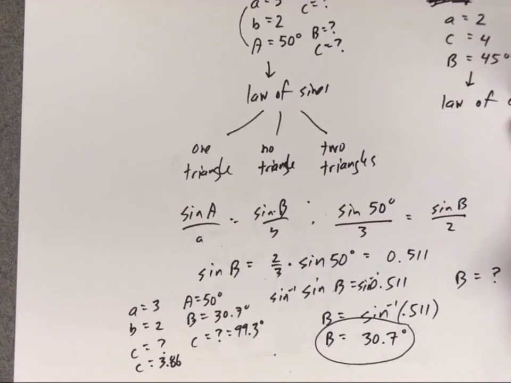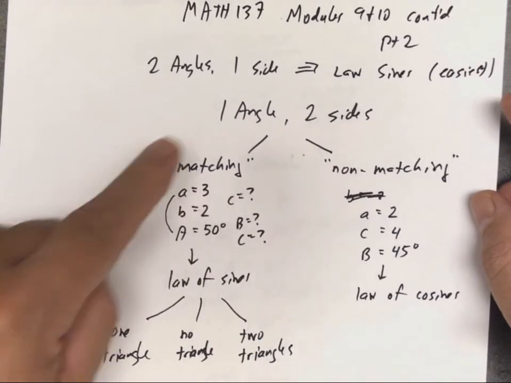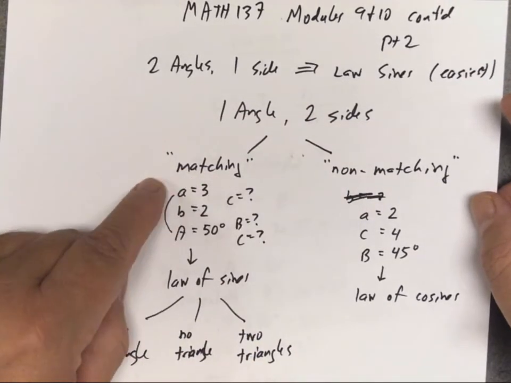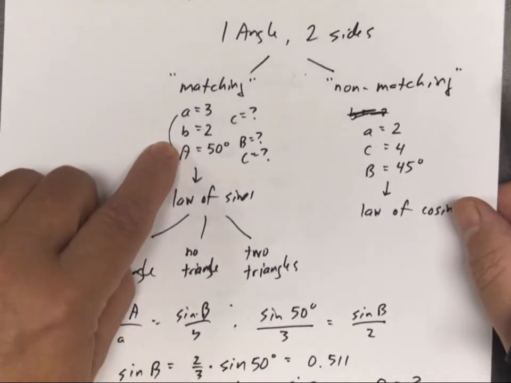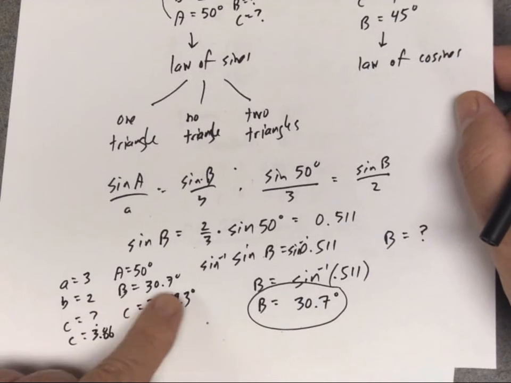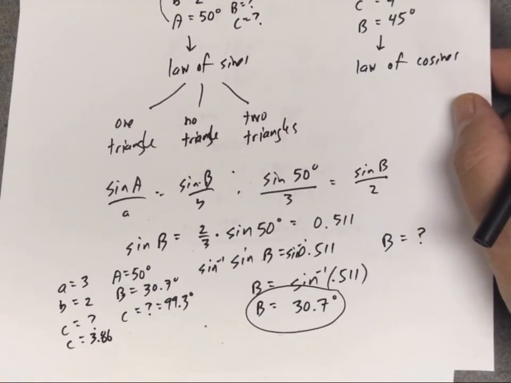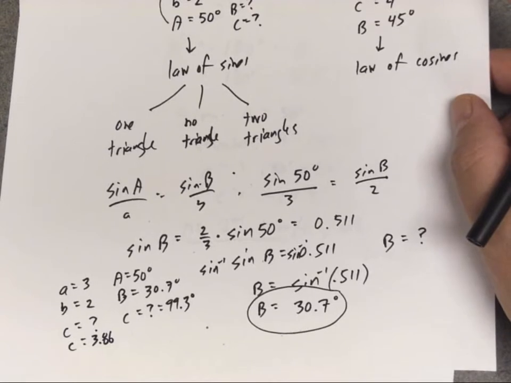So let's review that. One angle, two sides, matching. I got a side A and angle A. Law of sines gave me a triangle, but I always have to check to see if there's a second triangle. How do you do that?